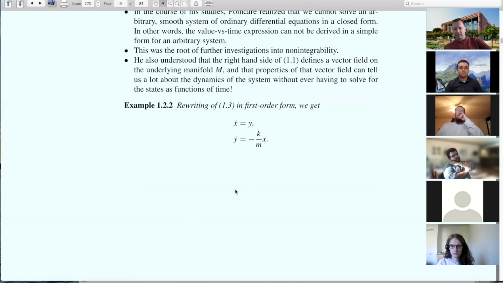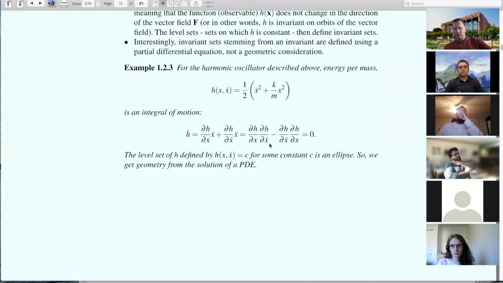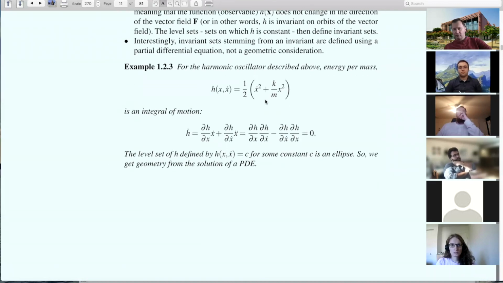Let me remind you of that. So my capital F consists of two components, y and minus k over m x, right? So when you plug those two in here, you get a 0, and therefore, observing that the value of this energy per mass is some constant c, the equation here, so that being equal to some c, is just an equation for an ellipse.